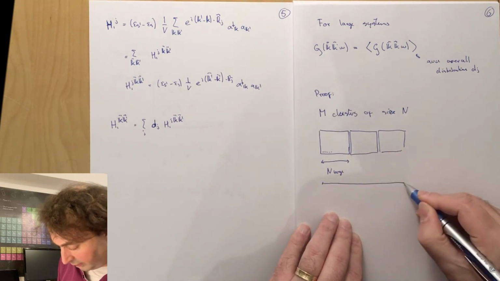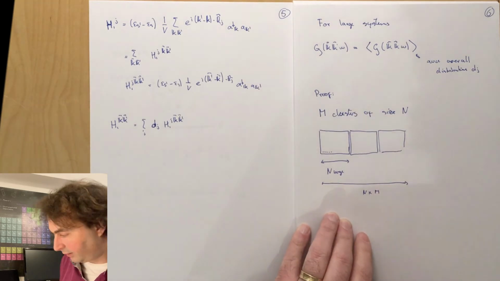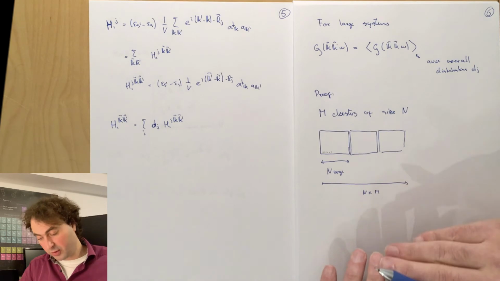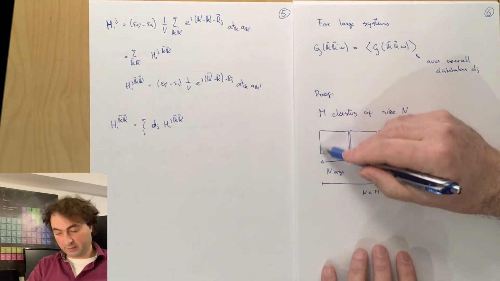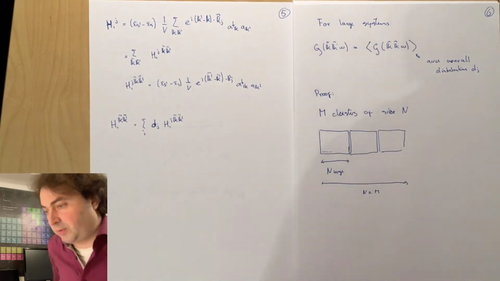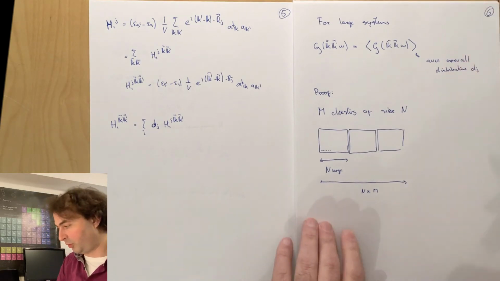Then our total length of the finite sized system is n times m. Well, when n is really large, then for such a single cluster you can basically neglect the surfaces compared to the volume. So the properties of this system are determined by the volume properties and not by the surface properties.